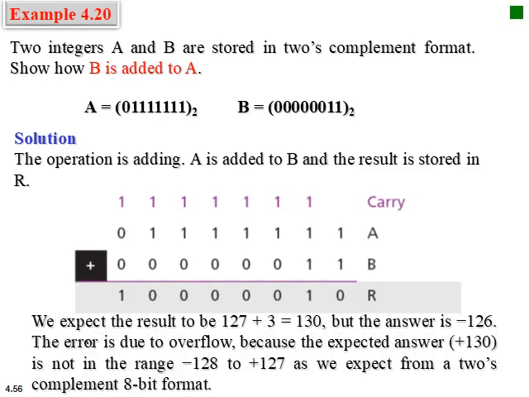Yet another example. I think this is the last example. So here we have two integers a and b. We need to add them, right? So the first integer here is a. It's a positive number. So if we convert this value to a positive number, you can go and do it yourself, we will get 127.